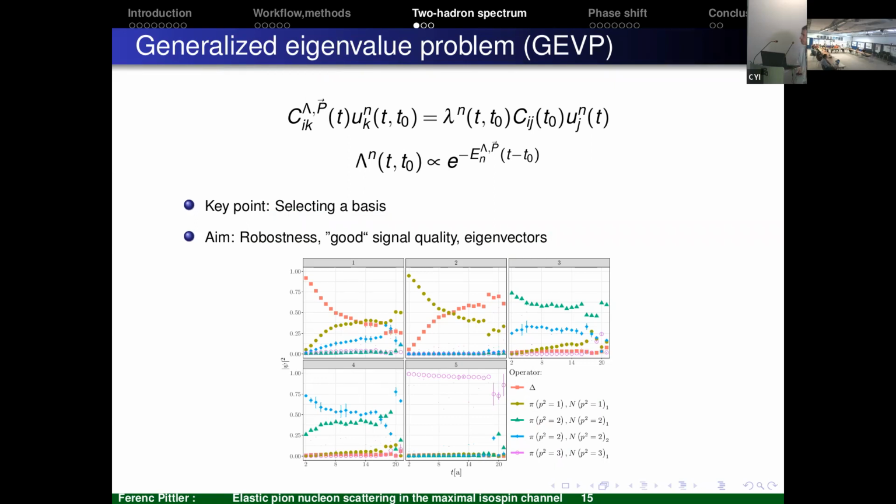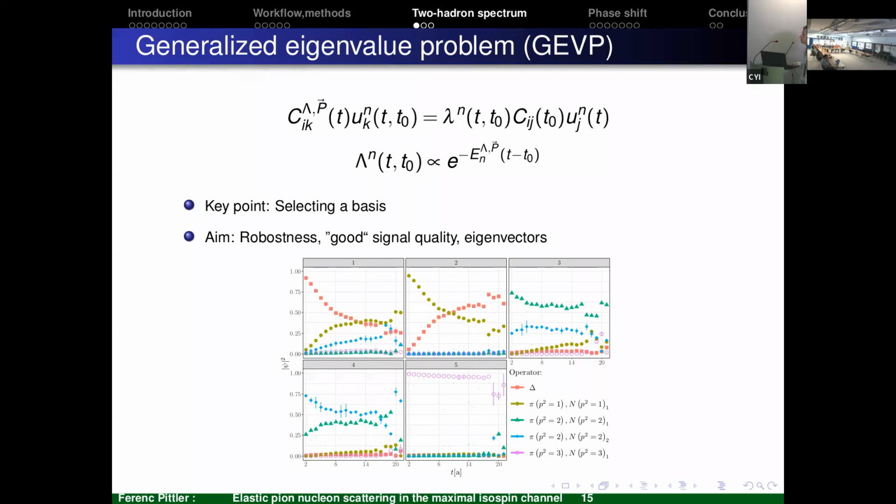If you include one or two additional directions in this matrix, the whole spectrum of the operator should not change. Also, each of the operators that you include in the matrix should have some non-zero projection onto some eigenvector, and this is what I'm trying to show here.